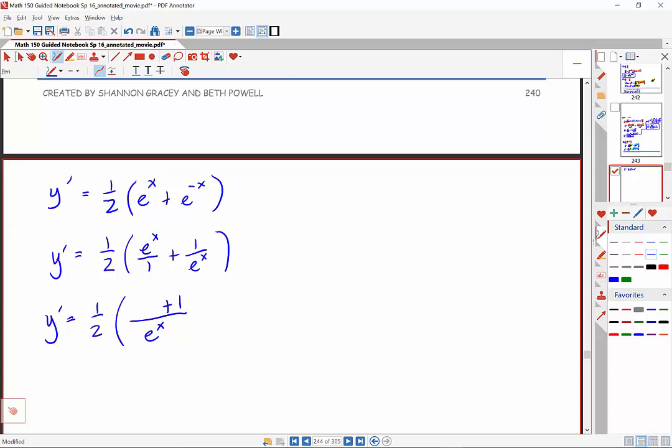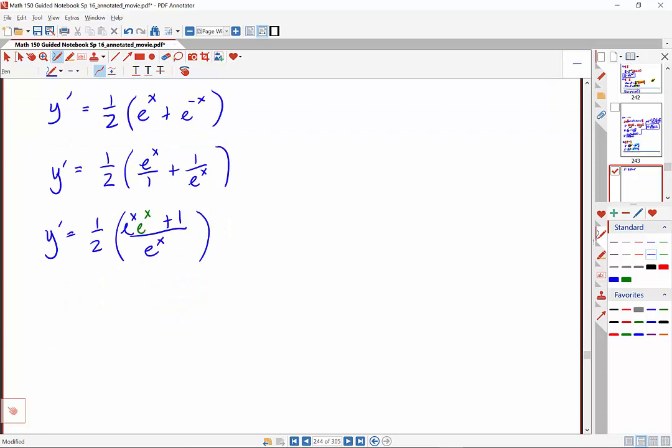The first part, that e to the x, needs another e to the x to balance it out. So at the end of the day, we'll get e to the 2x plus 1 over 2e to the x. Alrighty? And then we're all set.